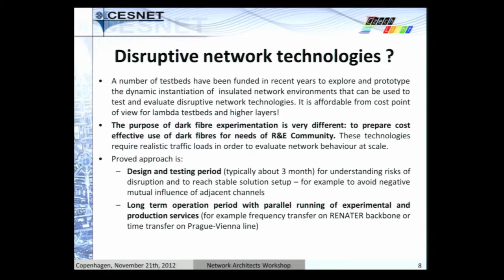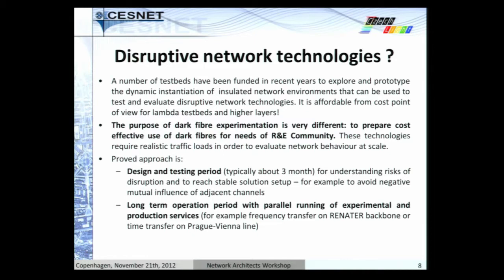Here I have to mention disruptive services. What are they? A number of testbeds have been founded in recent years. They provide insulated environments dedicated to testing potential disruptive technologies.